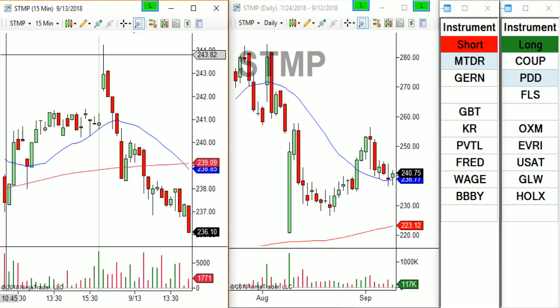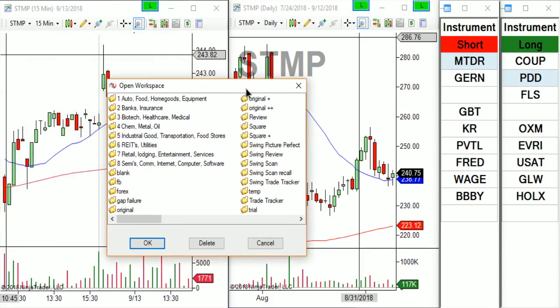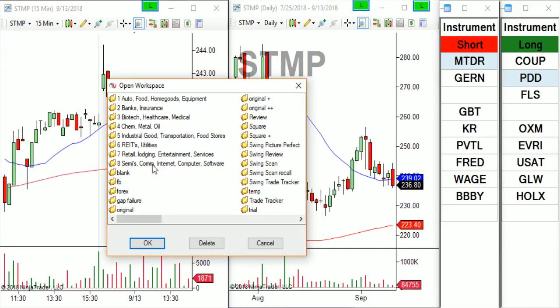I created a couple workspaces, and before I jump into that, let me open this up. This is NinjaTrader, the platform that I'm using. I think you guys can see this, and 1 through 8 are my 15-minute workspaces.